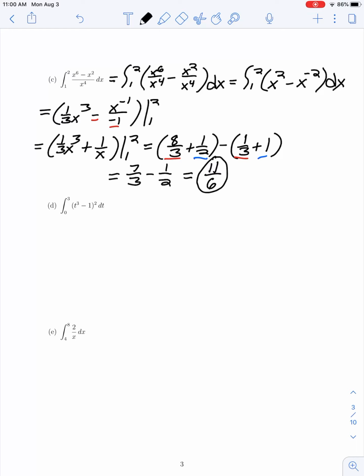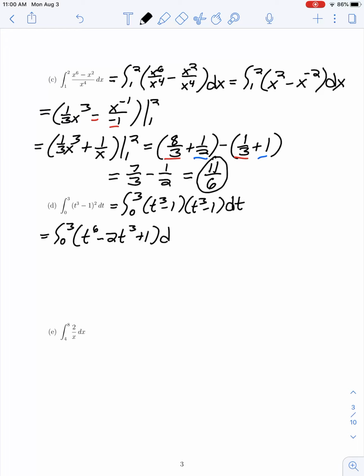Another approach which we could use here would be to think of this (t cubed minus 1) squared as (t cubed minus 1) times itself, and then expand that product. Expanding this, we would have t to the 6th power minus 2t cubed plus 1 dt.